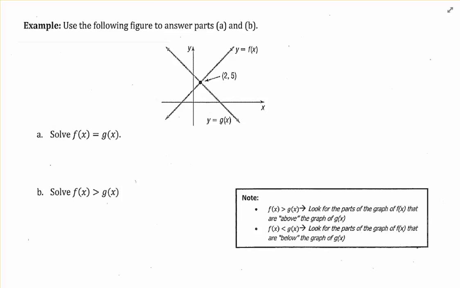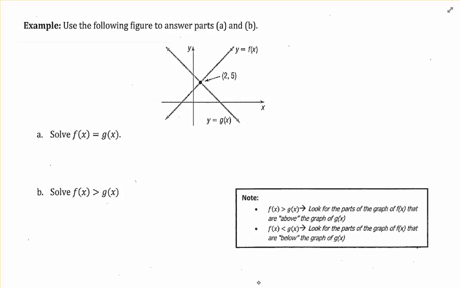All right, so the skill here is a little bit different than the one with the example prior to this. Part of the reason being that we don't have the equation for each of the functions, but there are some things that we can infer about the equation of each of these functions. First of all, here's the graph of f of x, and that appears to be a line.